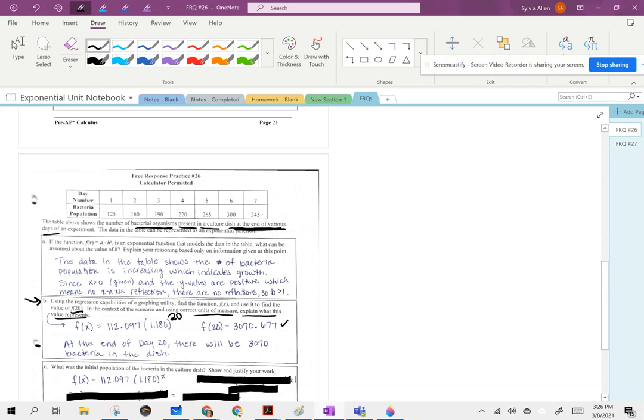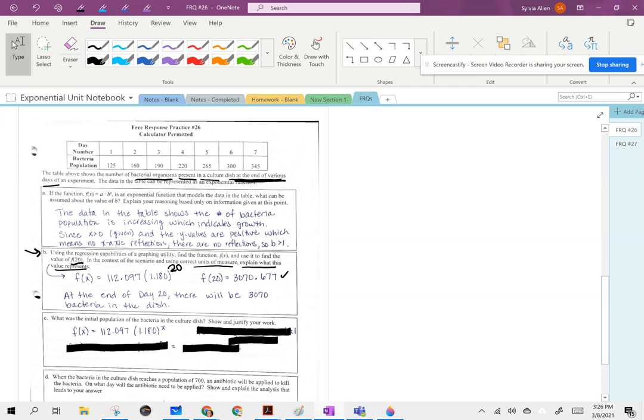All right. So on C, what is the initial population of the bacteria in the culture dish? Show and justify your work. This is the equation that we started out with, and this is what we're going to end up looking at.